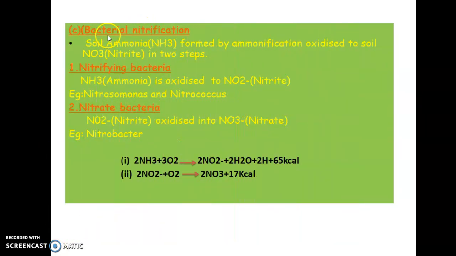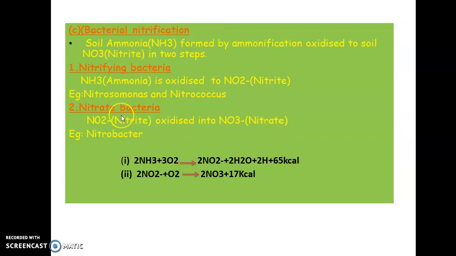Then comes bacterial nitrification. After ammonification, bacterial nitrification generally happens. The soil ammonia, which is formed by means of ammonification, is oxidized to nitrate in two steps. Here, what actually happens is that the ammonia is getting converted into nitrate.